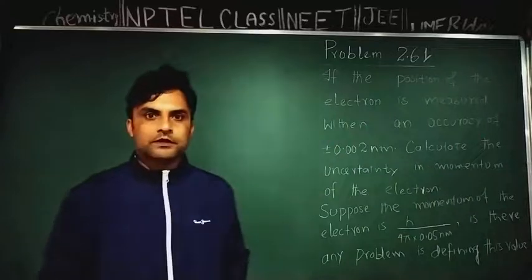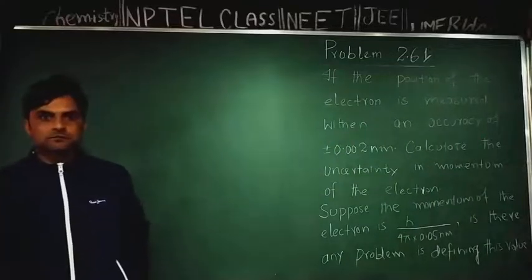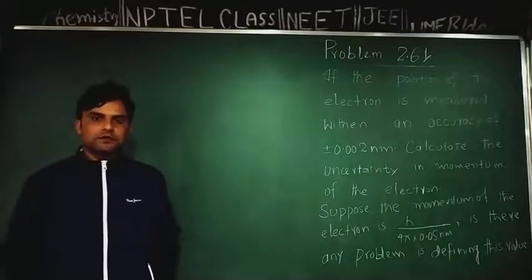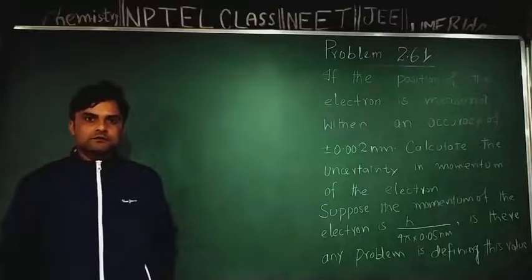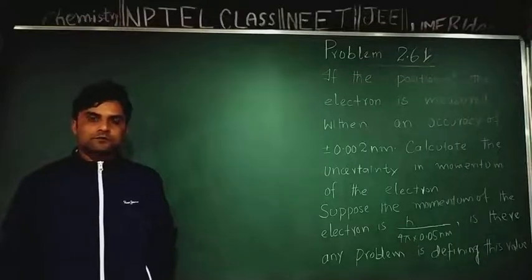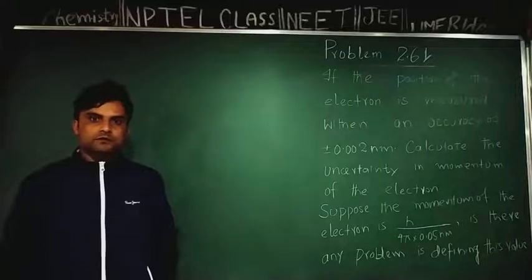After reading the problem, I got to know that it is based on Heisenberg's uncertainty principle, and the principle states it is not possible to determine the accurate position and accurate momentum of a moving particle simultaneously. If an attempt is made to determine position and momentum of a moving particle simultaneously, neither position will be accurate nor momentum will be accurate.